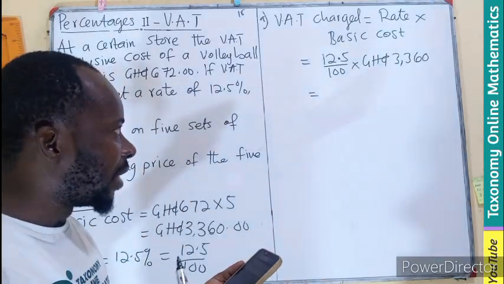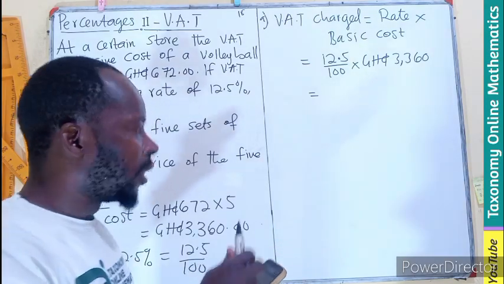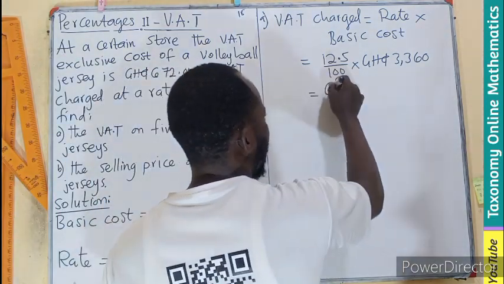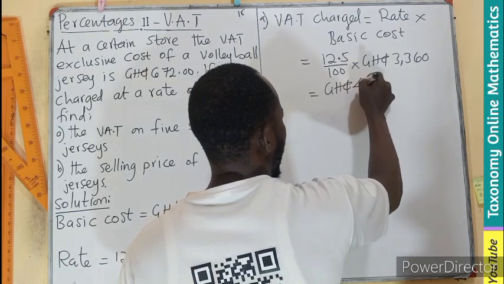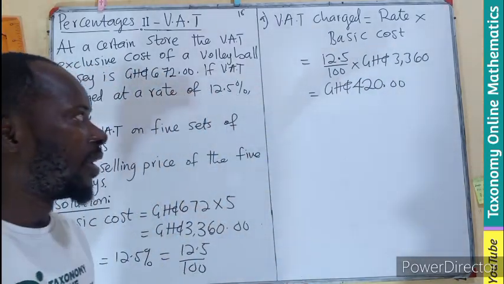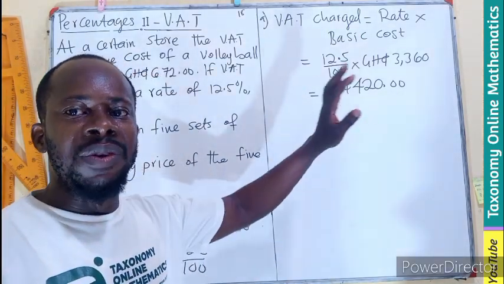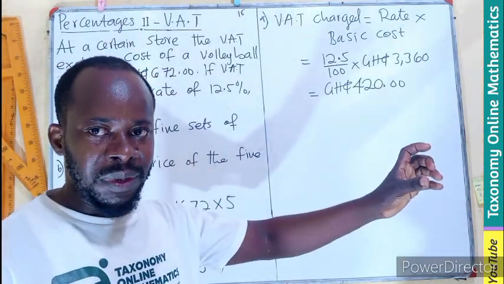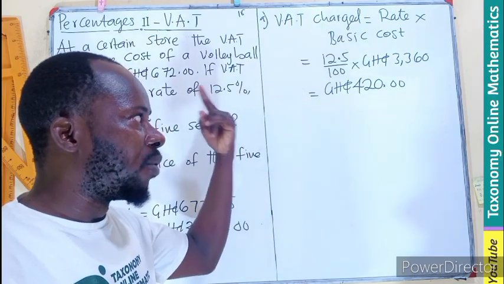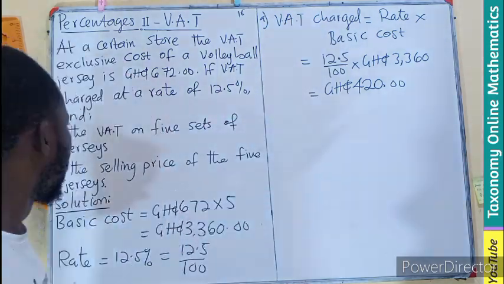Let's do that and see. If we do that, you should have 420 Ghana cedis. So this is the VAT charge on all the 5 sets of jerseys. You can also do it for one and multiply by 5, and you come back to the same conclusion.